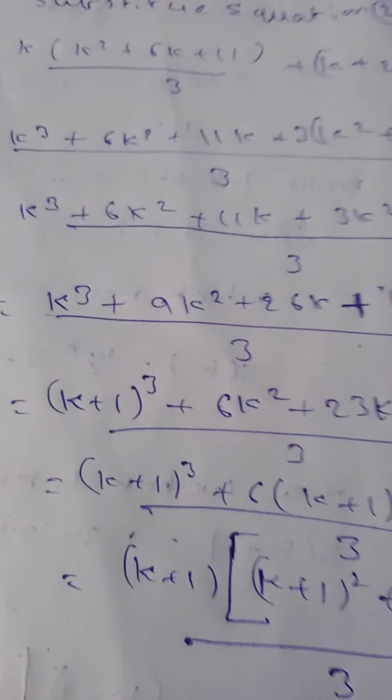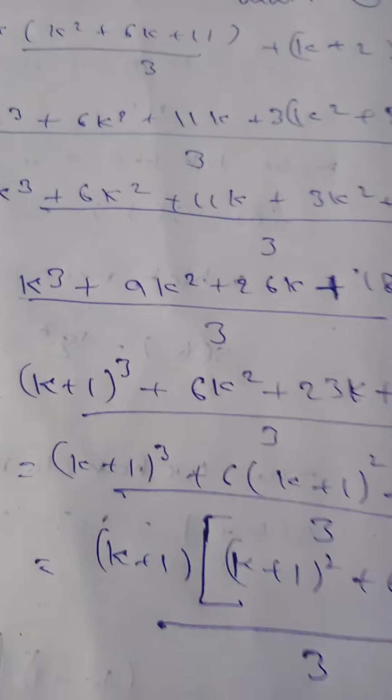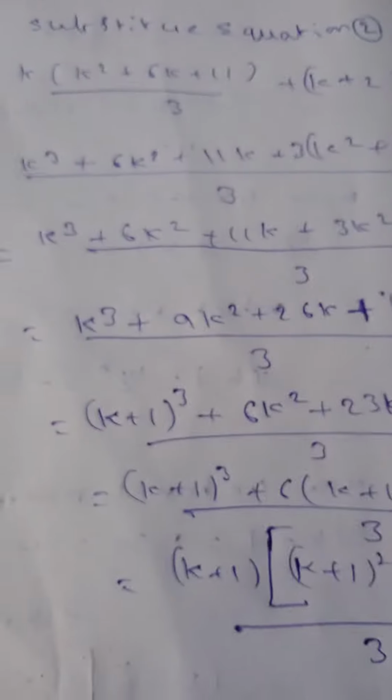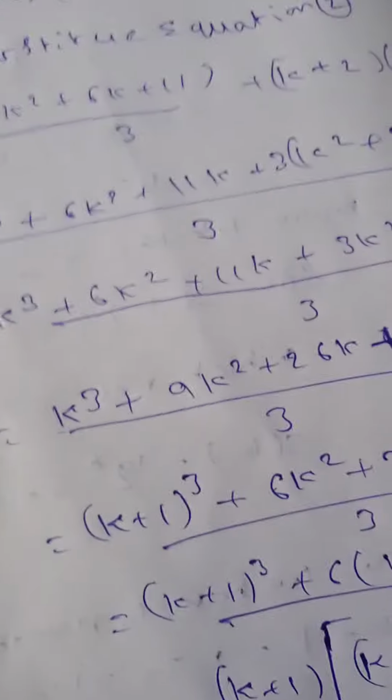How do we write (k plus 1) whole cube plus 6k square plus 23k plus 17 by 3? We have to do some rough work.